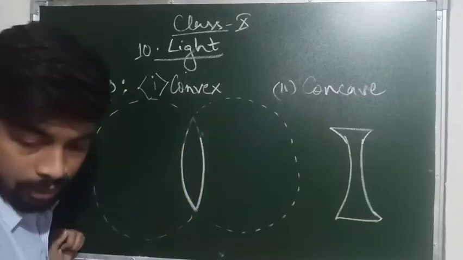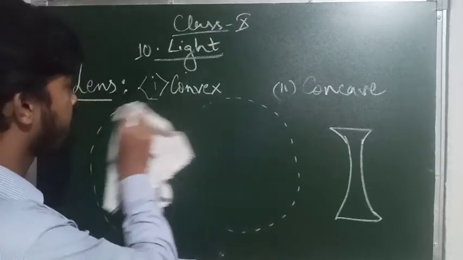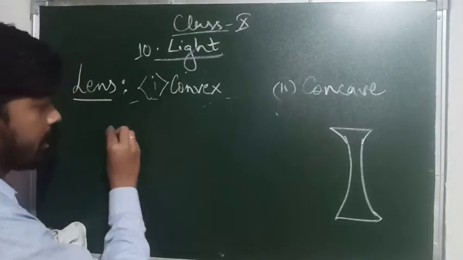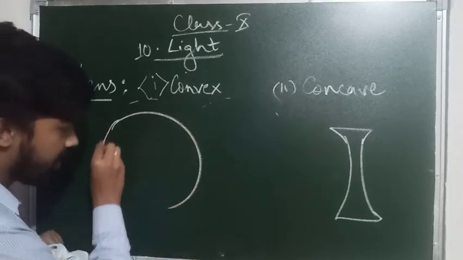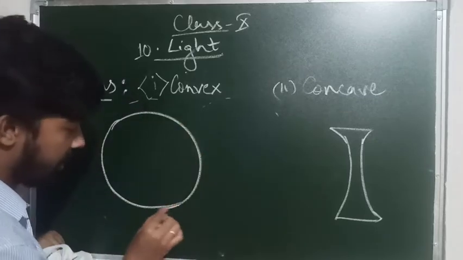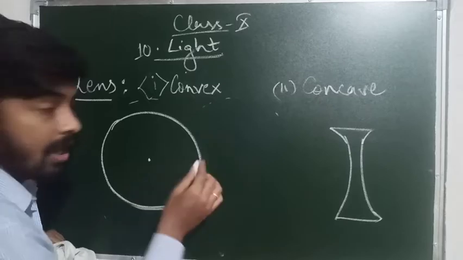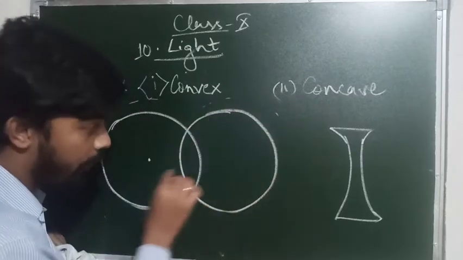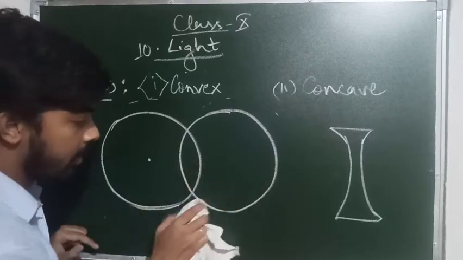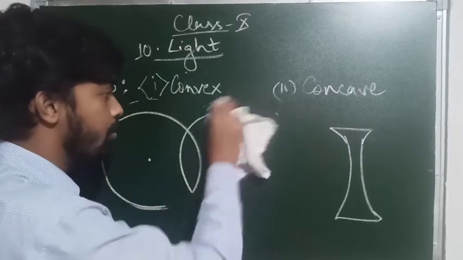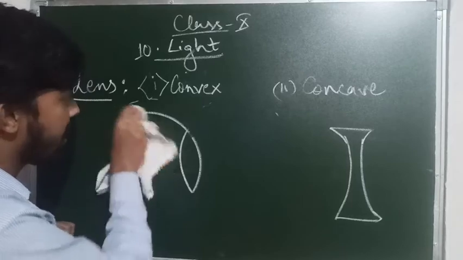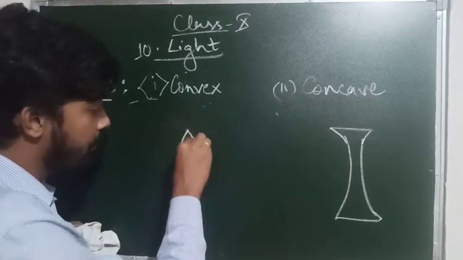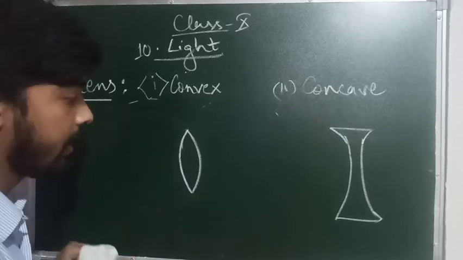So there are two circles, each with its own center, overlapping each other, and then these parts are removed, finally creating the lens.